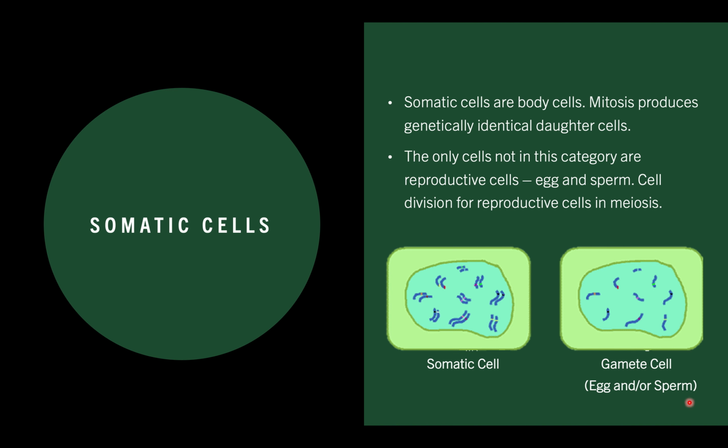And then a gamete cell, or an egg and sperm, they would be 1N. They would only have 1 copy of the chromosome that we're used to seeing, and they're haploid cells. We call them 1N. So somatic cells have 2N chromosomes that are in pairs. Gametes have 1N, or just half of that number, and they are not in pairs.